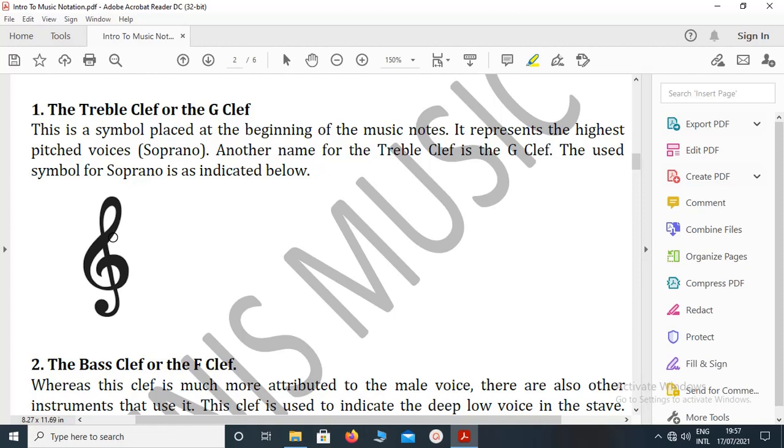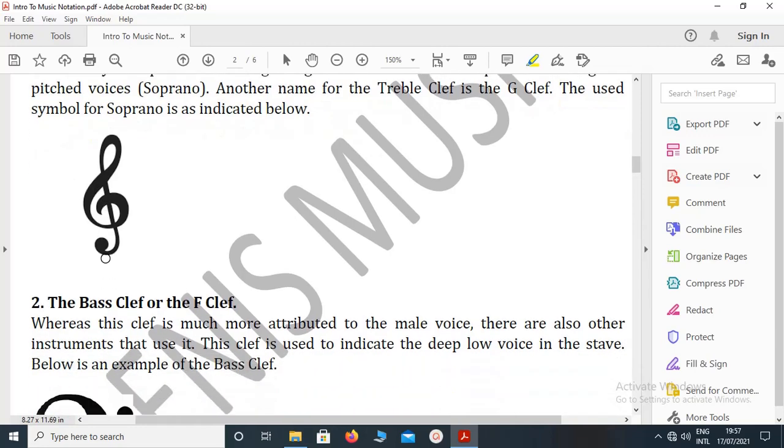For example, a flute, a recorder, a violin. Those are some of the few examples of instruments that use this. They are mostly found in orchestras. So we use this symbol of the treble clef or the G clef.